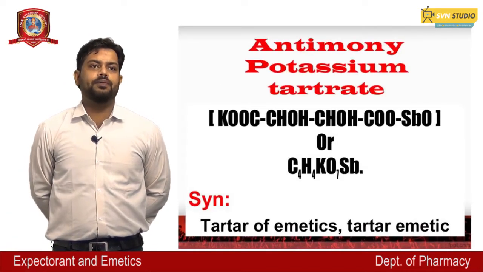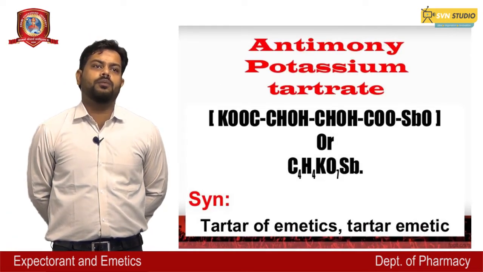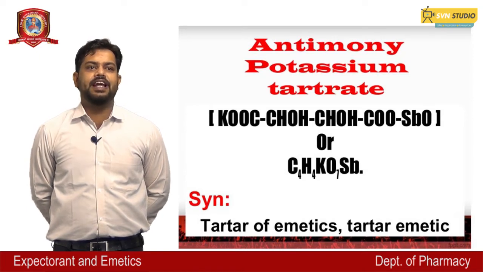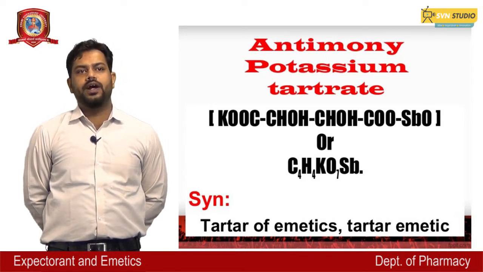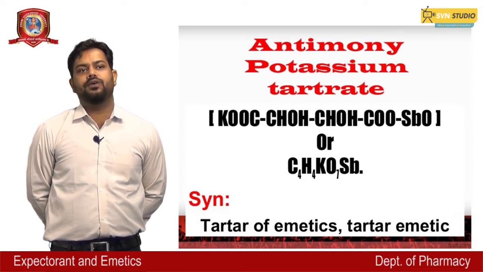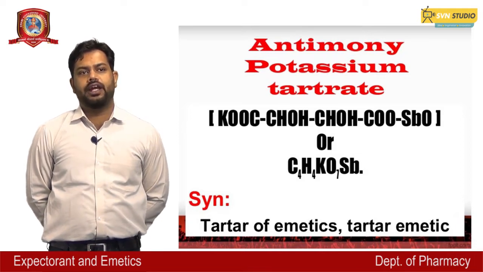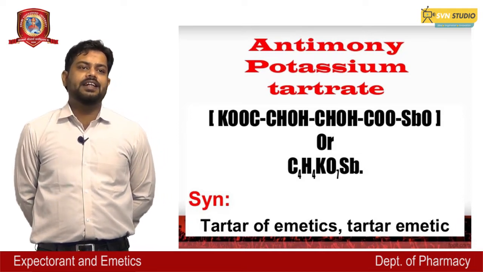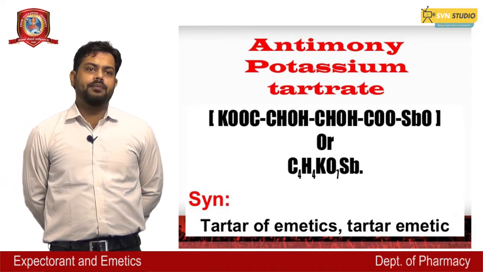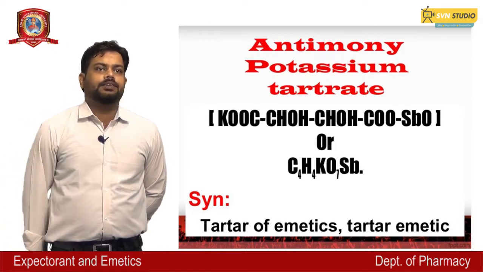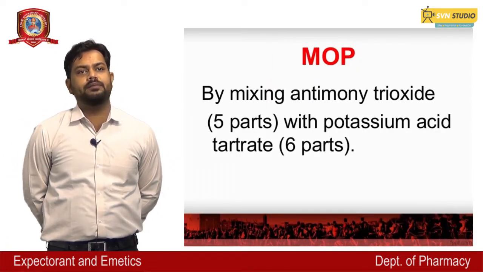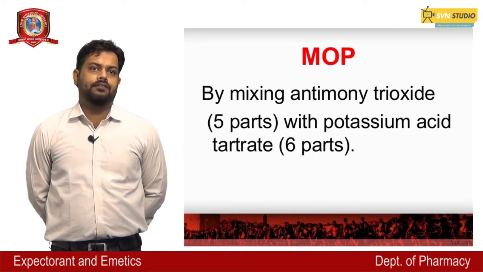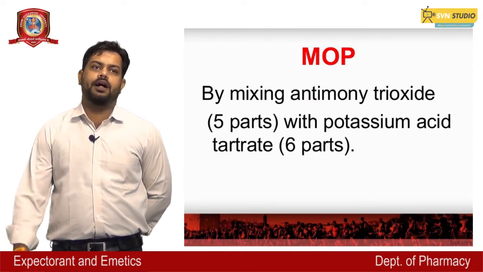Next is antimony potassium tartrate. The chemical formula is KOOC-CHOH-CHOH-COO, or C4H4KO7Sb. The synonym is tartar emetic. Method of preparation is by mixing antimony trioxide, 5 parts, with potassium acid tartrate, 6 parts.